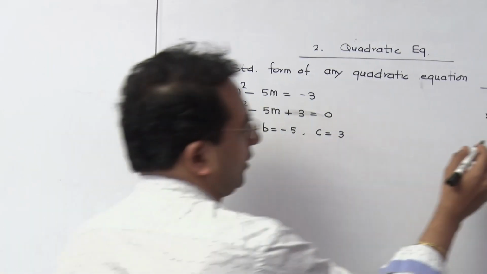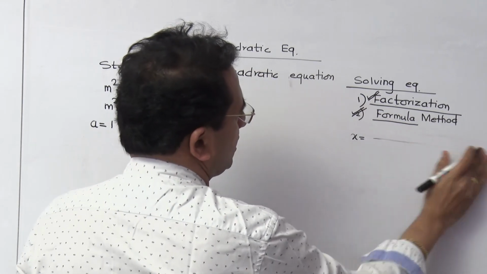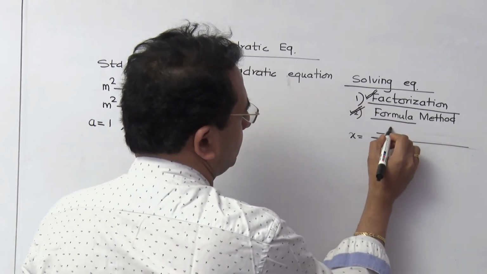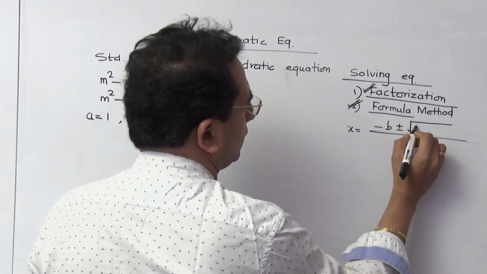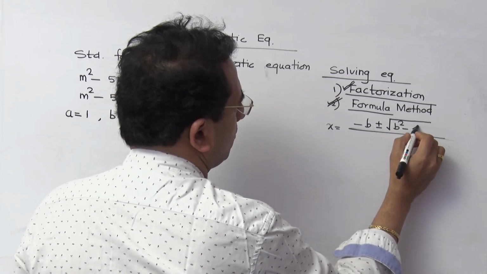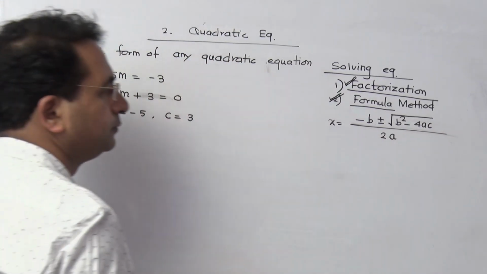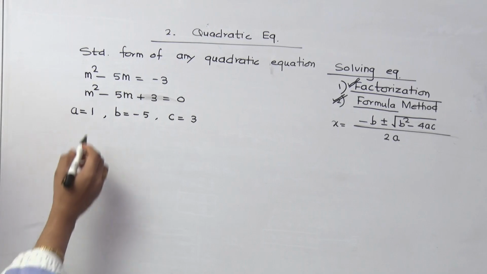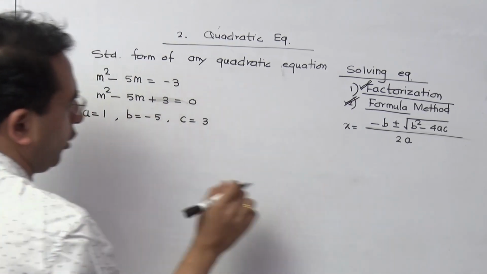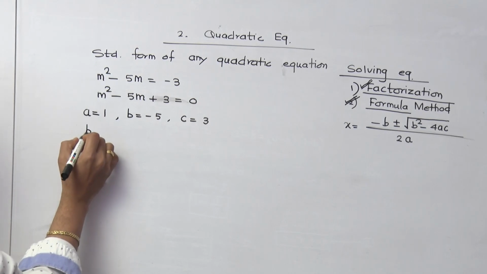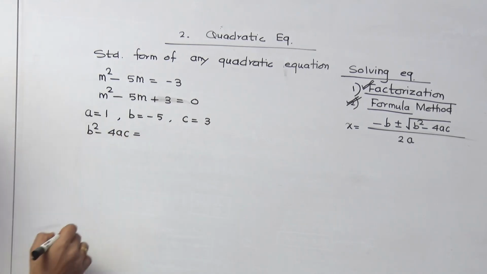Now the formula I am writing here: x is equal to minus b plus or minus square root of b square minus 4ac upon 2a. Now see this, if you put the values here in the formula, you will get the answer, but just to avoid the confusion, we'll take a separate calculation for this b square minus 4ac.